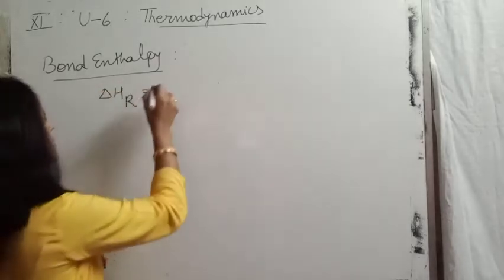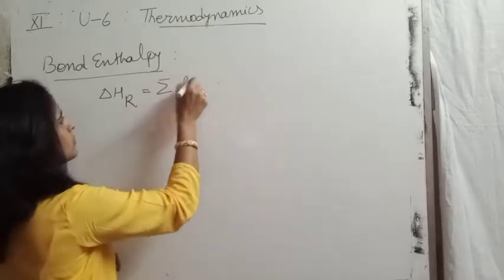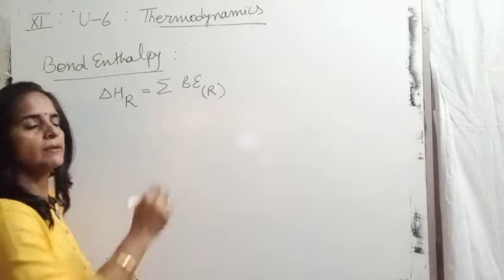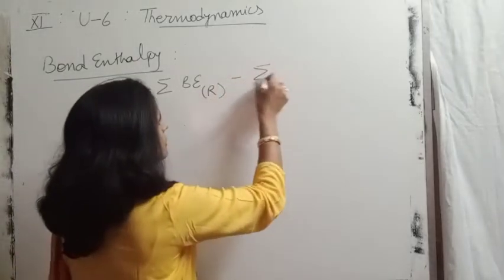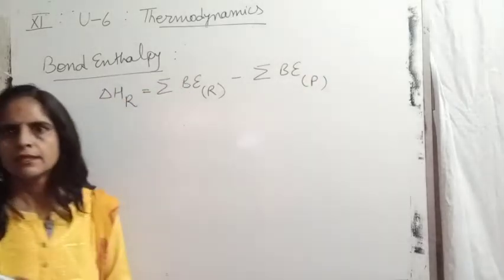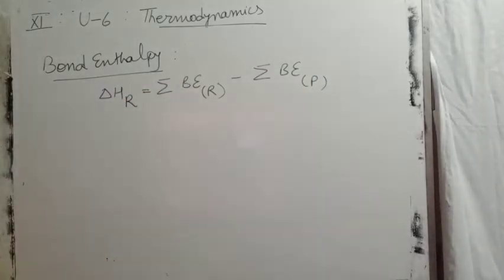It is the sum of bond enthalpy of reactants minus the sum of bond enthalpy of products. So by using this equation, we can calculate heat of reaction.